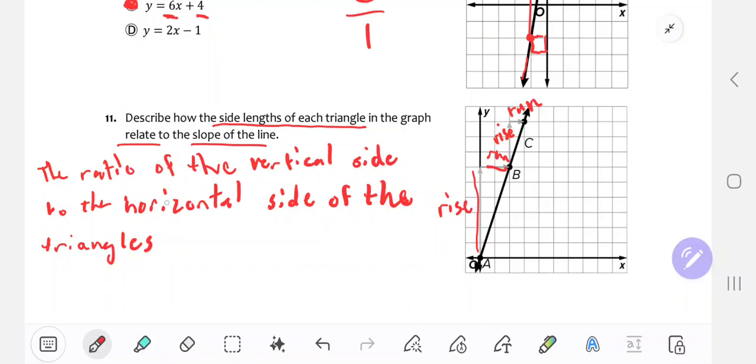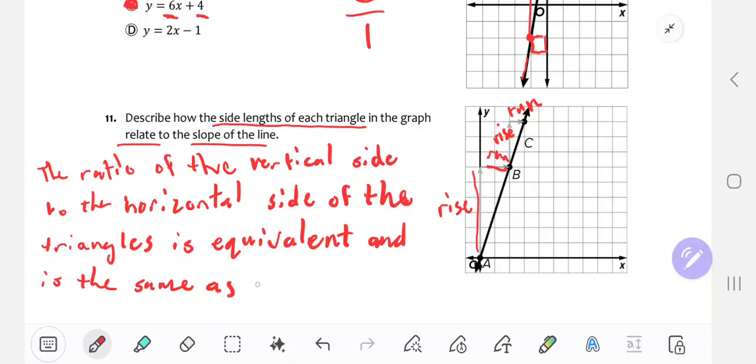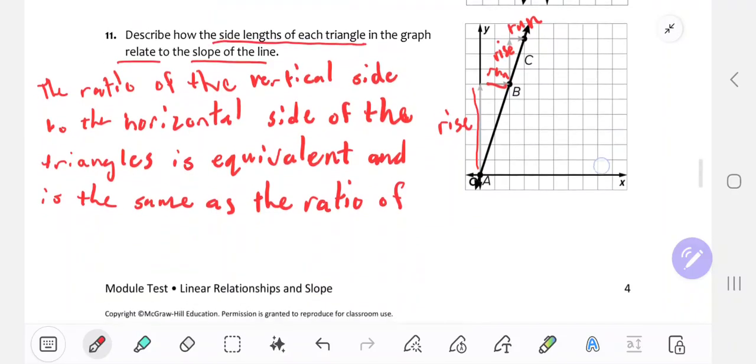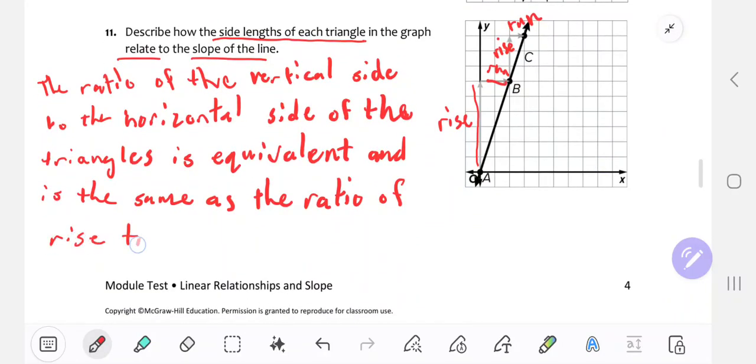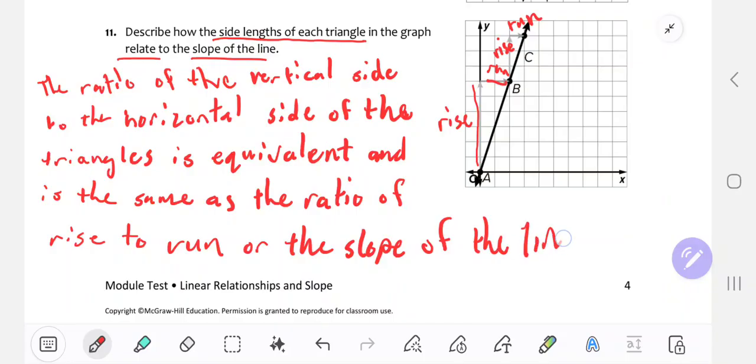All right, the ratio of the vertical side to the horizontal sides of the triangles is equivalent and is the same as the ratio of rise to run, or the slope of the line.